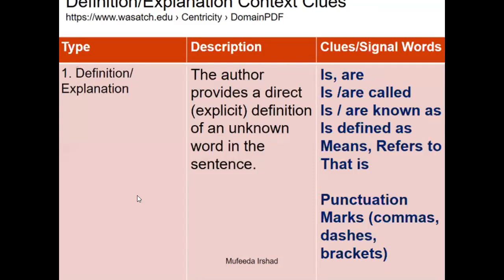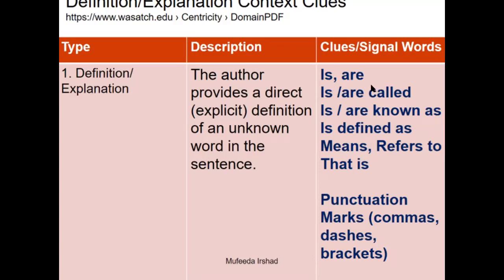The brief definition or restatement, that is restating the word, explaining the word, is usually signaled by a word or words or punctuation marks, right?